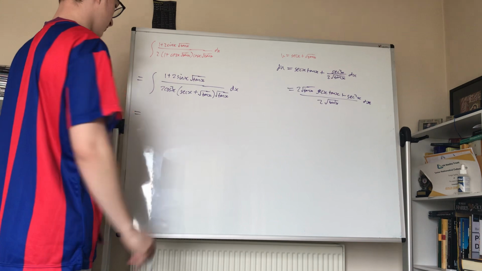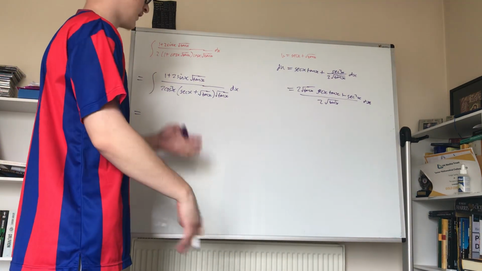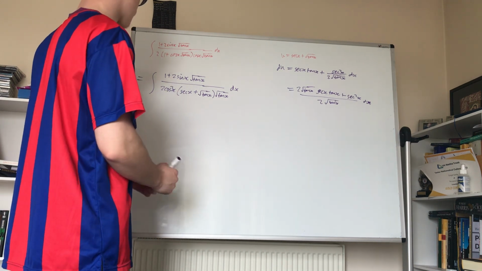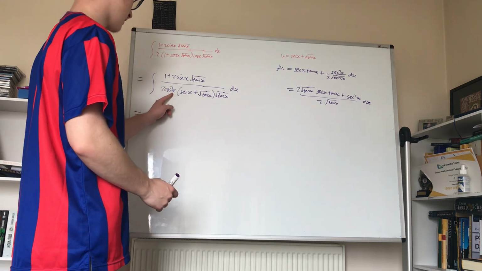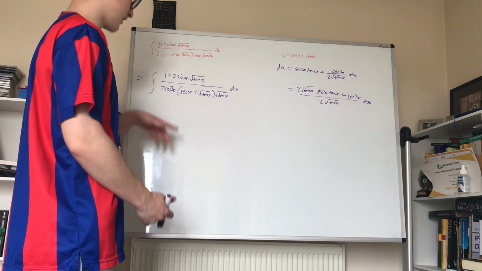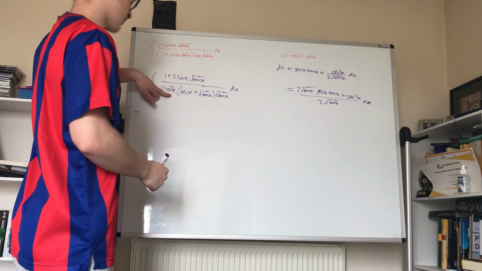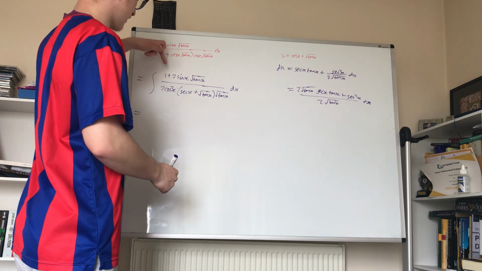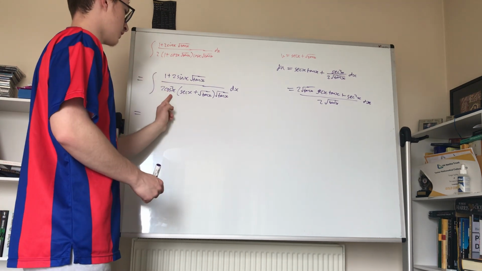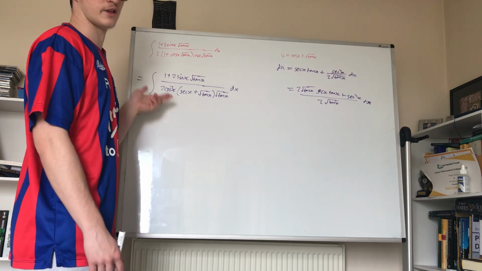Now we just have to do a little bit of manipulation of this thing. So this is cos squared x, so we're multiplying. This cos squared x on the bottom is the same as having a sec squared x on the top, because this is just 1 over cos squared x, and sec squared x is just that.